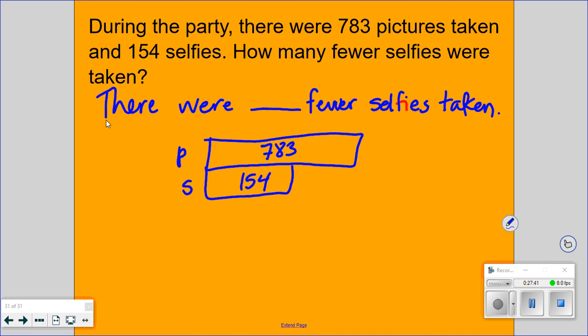The line of equality. Yeah, we're looking for that line of equality right here where the bars are exactly the same size. That means they have the same number. Now, were there only 154 pictures taken? No, there's way more. But at one time, there was only 154. At one time. We know that really 783 got taken.